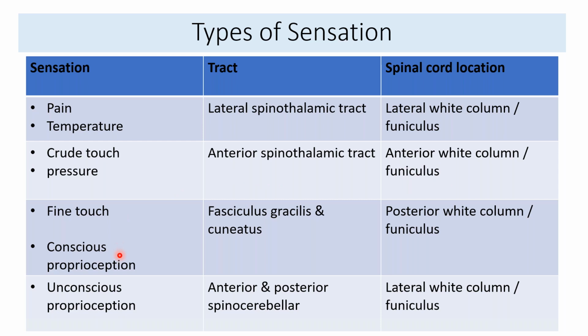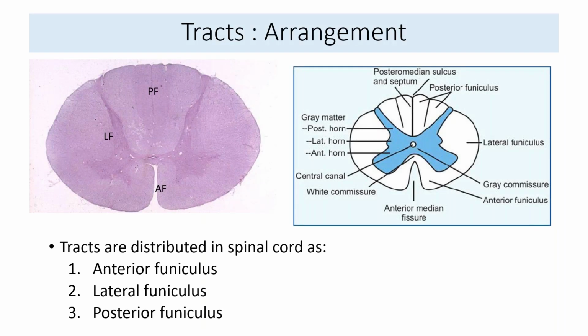The fine touch and conscious proprioception are carried by the dorsal column, which includes fasciculus gracilis and cuneatus. This dorsal column is present in the posterior or dorsal white column or funiculus area of the spinal cord. The unconscious proprioception is carried by the spinocerebellar, anterior and posterior spinocerebellar tracts, and they travel in the lateral funiculus of the spinal cord, the same picture that you had seen.